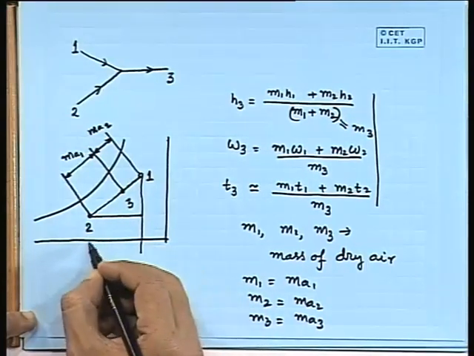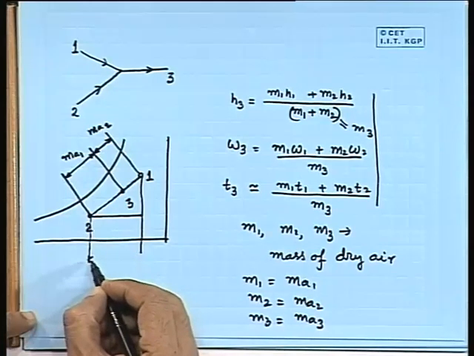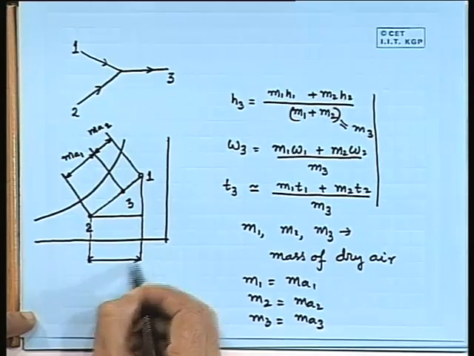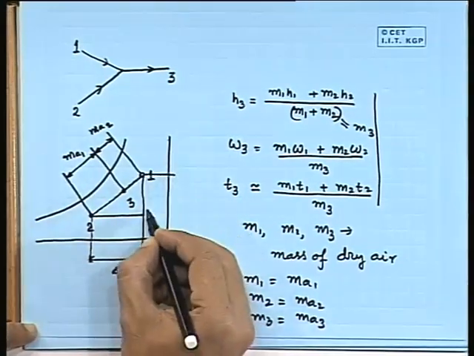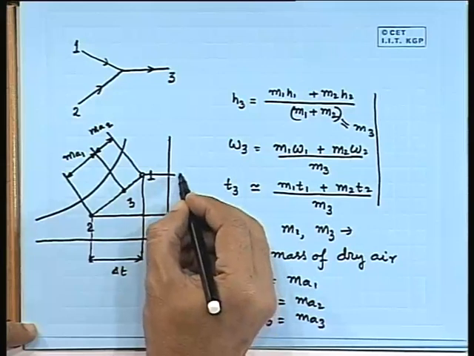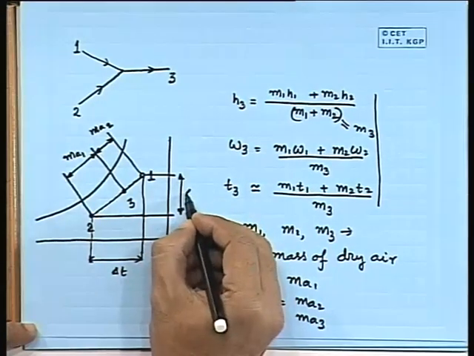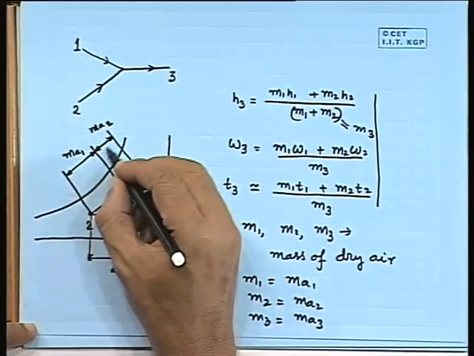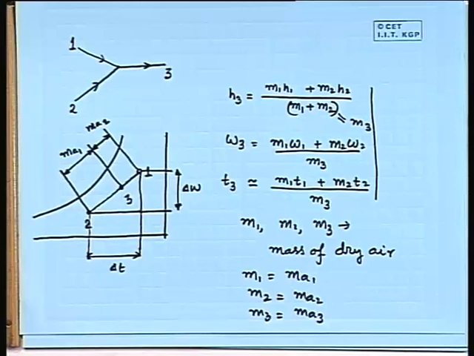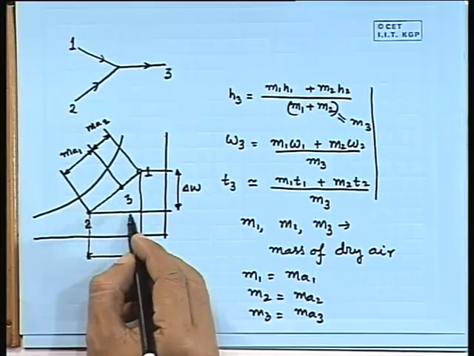This will indicate the change in dry bulb temperature, delta T. This will indicate a change in moisture content or specific humidity, delta W. And this will indicate nothing but a change in enthalpy. Here also we can have a similar type of relationship.